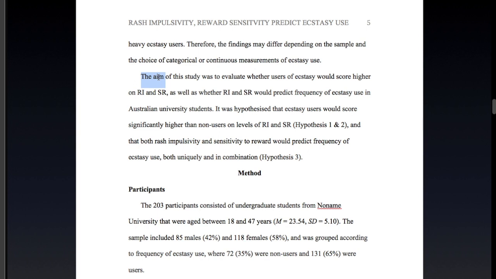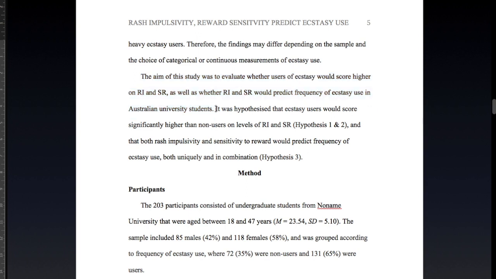So this is at the end of the introduction section. I state my aim. The study was to evaluate whether users of ecstasy would score higher on rash impulsivity and sensitivity to reward, as well as whether rash impulsivity and sensitivity to reward would predict frequency of ecstasy use in Australian university students. So you can usually do that in one sentence.